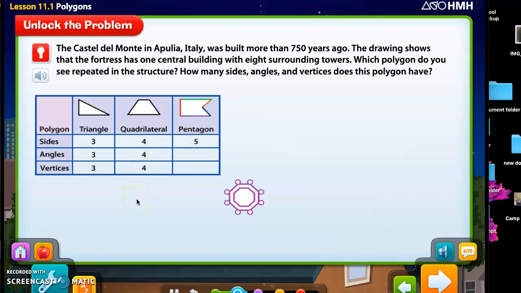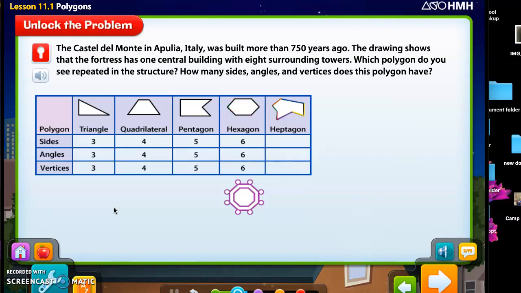A pentagon is made up of 5 sides, 5 angles, and 5 vertices. What about a hexagon? A hexagon has 6 sides, 6 angles, and 6 vertices.